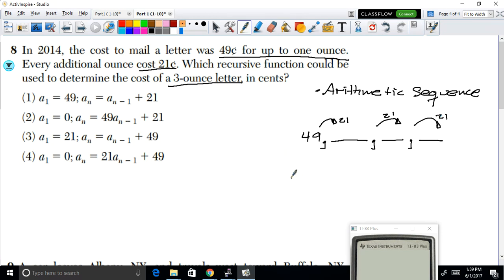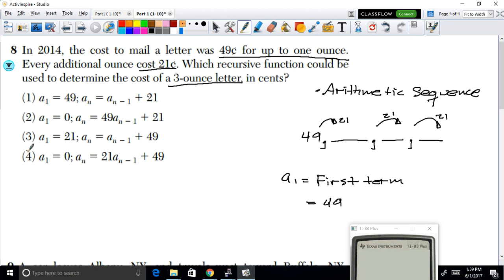And because it's an arithmetic sequence, when it comes to notation, A1 is the first term. And if it's the first term, it's pretty much the value that you start with when it comes to cost. So it doesn't matter how heavy your letter is, you need to pay 49 cents for up to 1 ounce. So that means that the first term in this sequence is 49.